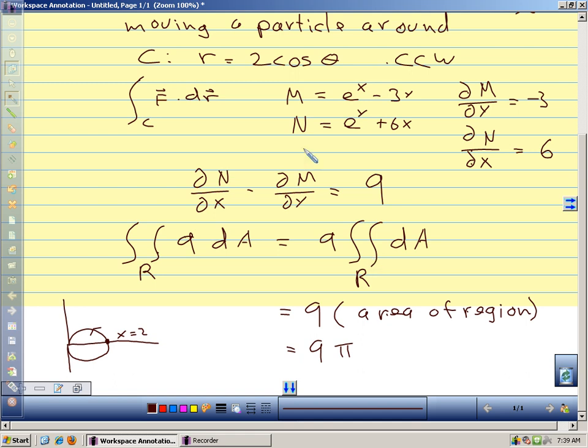If we can find N and M so that dN/dx minus dM/dy is a constant, and it would be especially nice if that constant was 1, then applying Green's theorem in reverse, essentially, lets us find the area of a region by evaluating a line integral. So depending on the region, it might be easier to evaluate the line integral than to evaluate this double integral. So that's kind of the point of what we're doing today. We want to find area using Green's theorem.